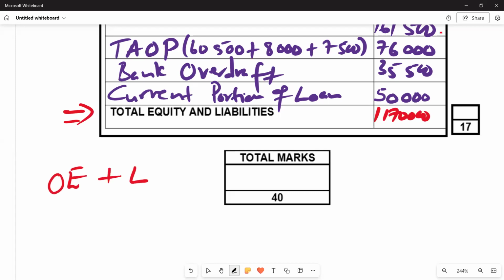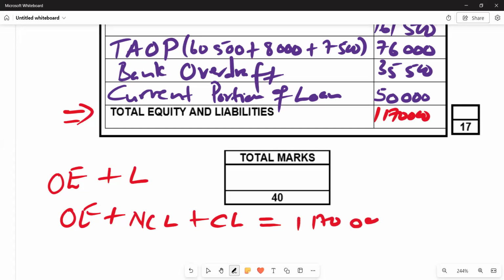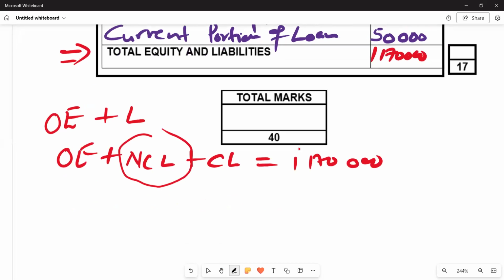But in liabilities, we've got current liabilities and non-current liabilities. So in other words, owner's equity plus non-current liabilities plus current liabilities gives us 1,170,000. We can find the figure for non-current liabilities by making it the subject of the formula, so non-current liabilities equals 1,170,000.